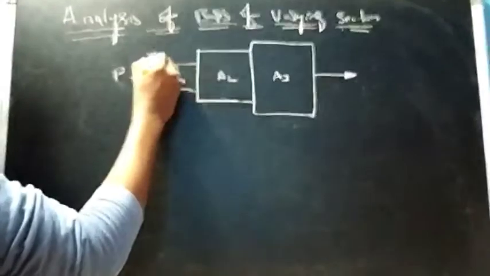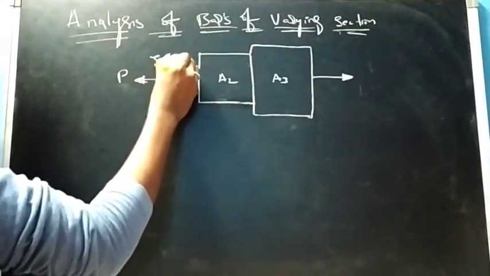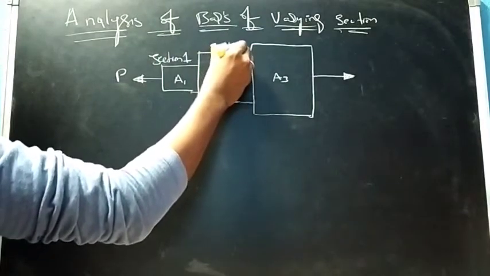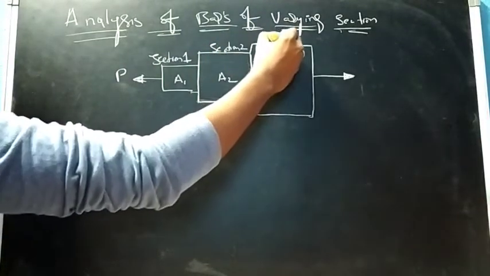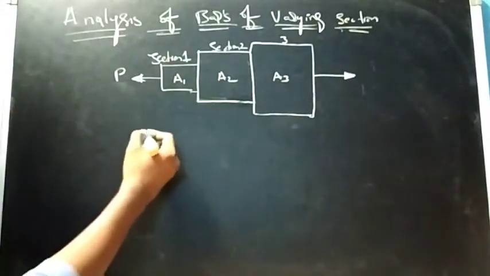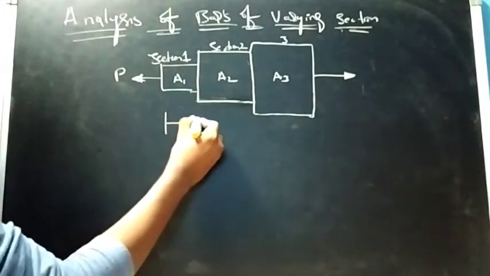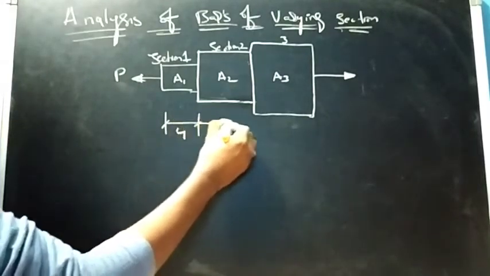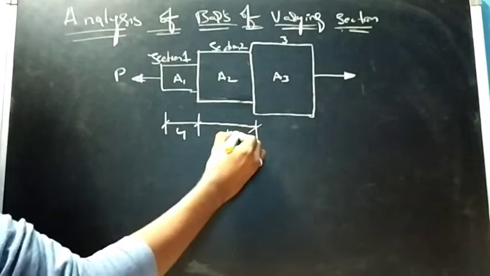So let's say this is section 1, section 2 and section 3, right? With the length of, let's say L1, let's say L2.